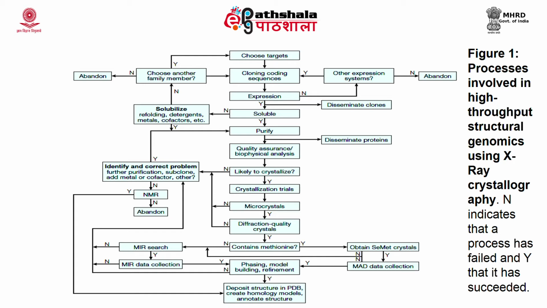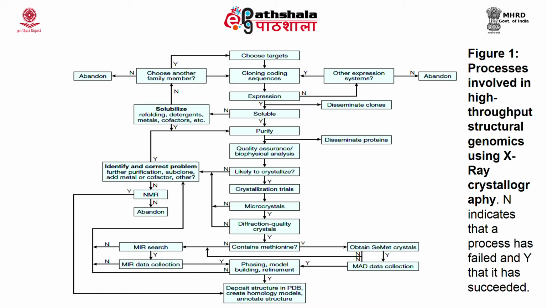If the protein is unlikely to crystallize, then the next step would be to identify and correct the problem by subcloning it or by adding metal or cofactors. If still the protein does not crystallize, then it is sent for NMR studies. NMR stands for nuclear magnetic resonance study.